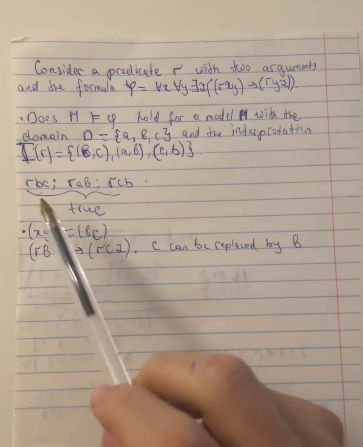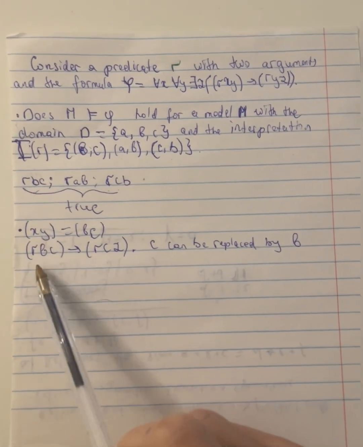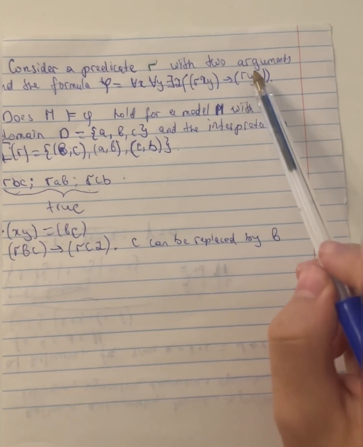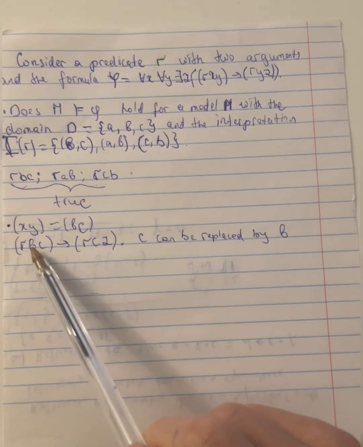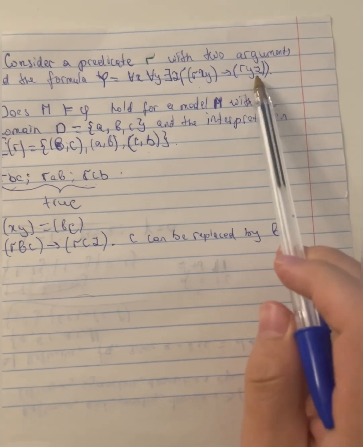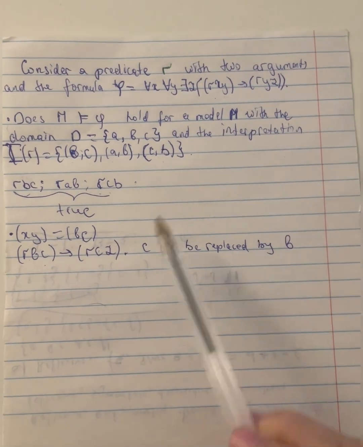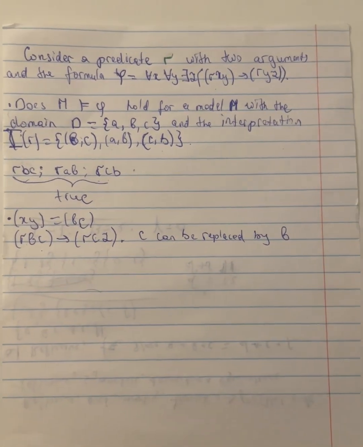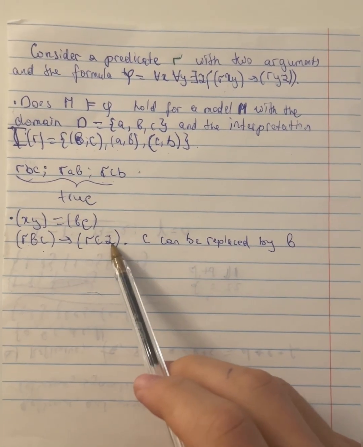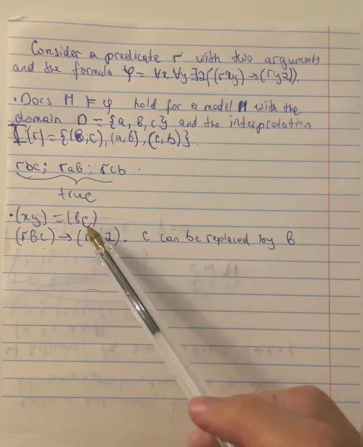First, for XY we put this BC. Then we put here RBC implies RCZ, because here you can see this X, this Y, XY and RYZ. Y here in our case is C, therefore we put here C, and then Z. Here we have to check whether Z can be replaced, because we don't have Z anywhere.